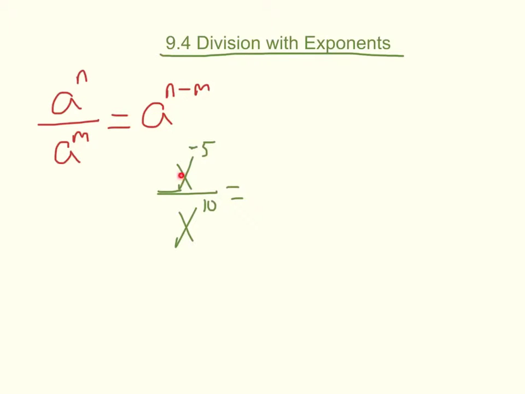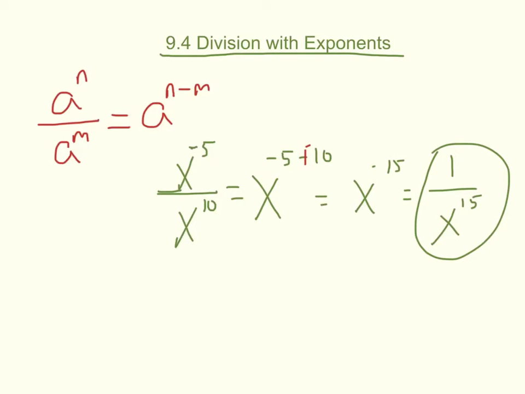Simply take my base, take the top exponent minus the bottom exponent, and it's negative 5 minus positive 10. Same, change, change, and that's going to be x to the negative 15. Don't like the negative sign. Final answer.